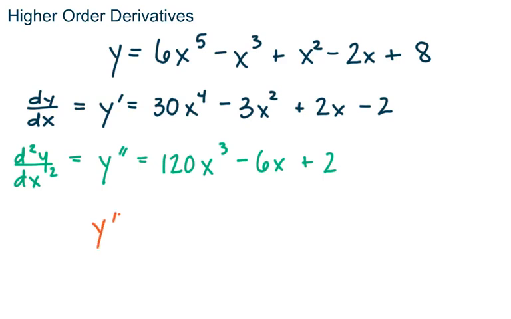At this point, I could take the third derivative. That would be 360x squared minus 6. I could find my fourth derivative. I can just write a 4 up there. You can put parentheses around it or not. That would be 720x.